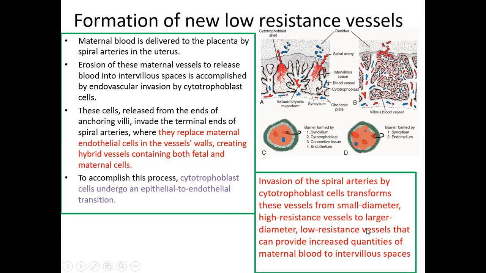So that will meet the increasing requirements of the growing fetus. Because if there is low resistance, blood flow will be easy. If there is high resistance, then there will be restricted blood flow. So that is why new hybrid vessels are being formed at the decidua.